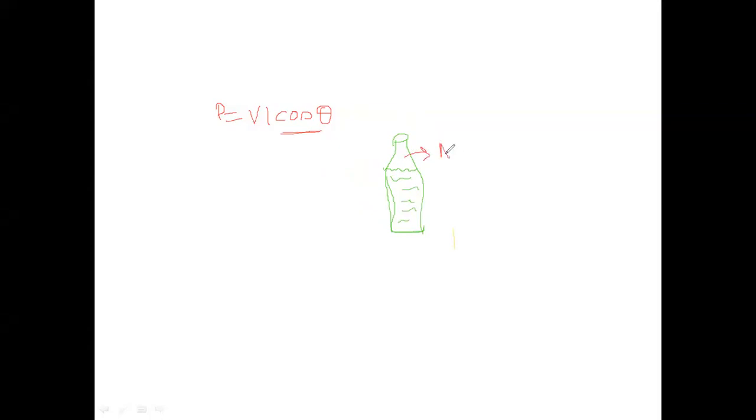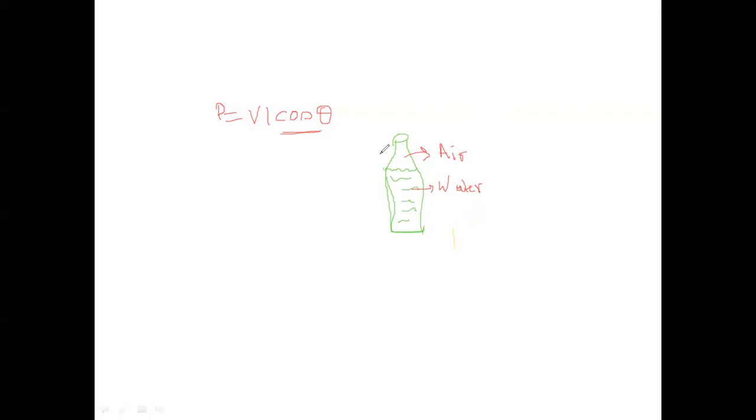This is gas, or you may say air, or carbon dioxide gas, because this is carbonated soda. This is the water liquid. Without air, if you go to buy this cold drink, you never buy only the water level. You have to buy the air level also. Without this air, you can't buy this bottle.